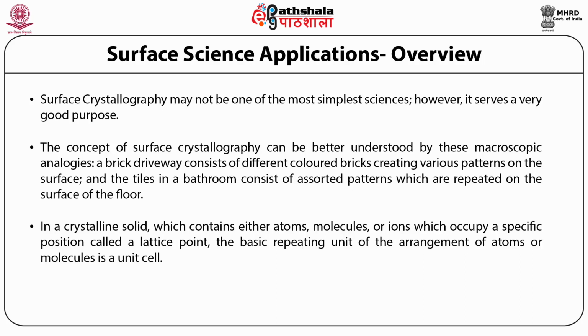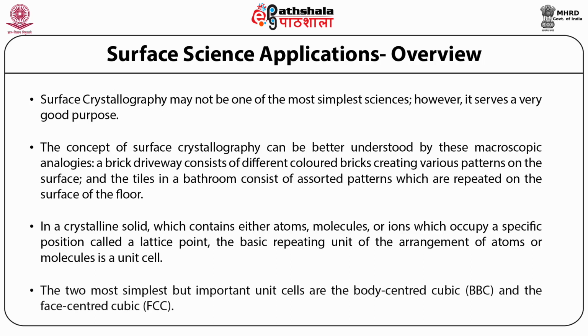The arrangement of these unit cells in a crystalline solid varies depending on the type of solid. There are 14 different types of unit cell of crystal structure, and the two simplest but important unit cells are the body-centered cubic and face-centered cubic (FCC).